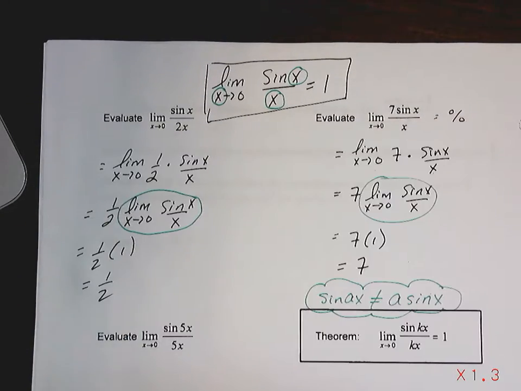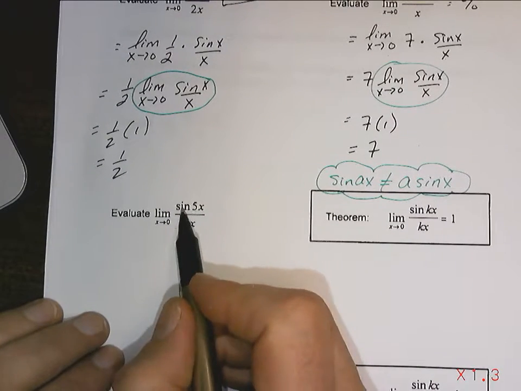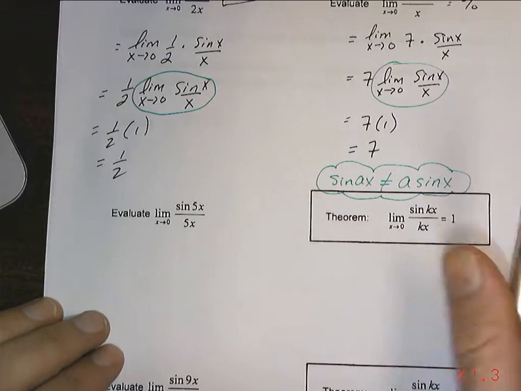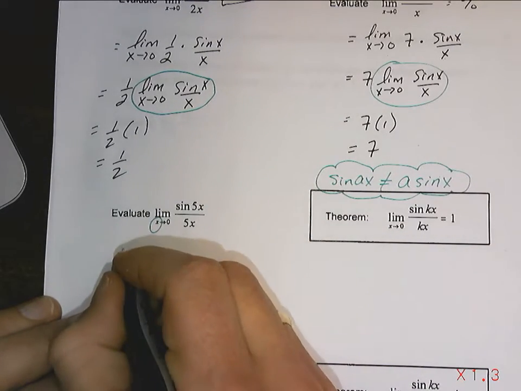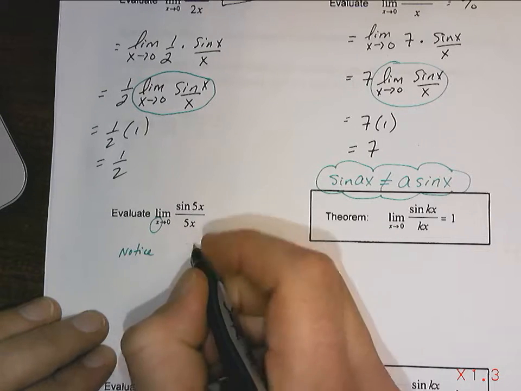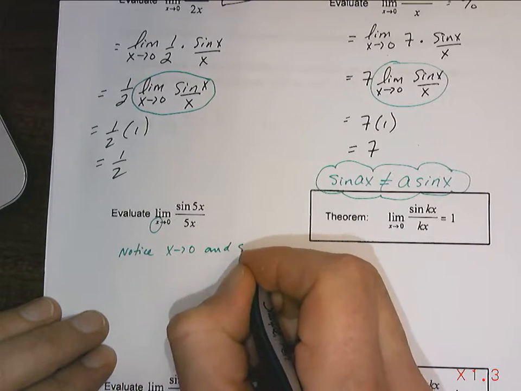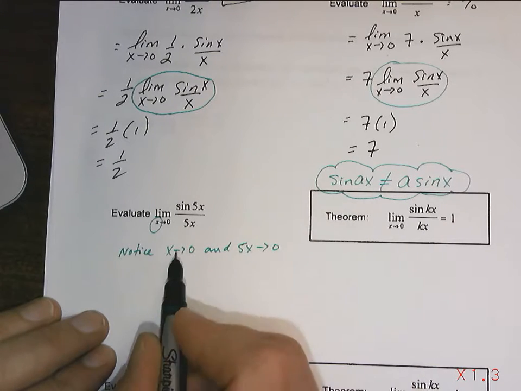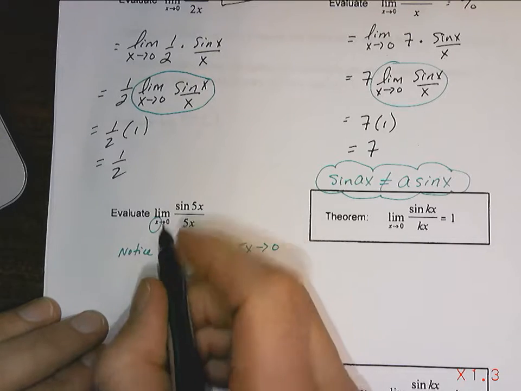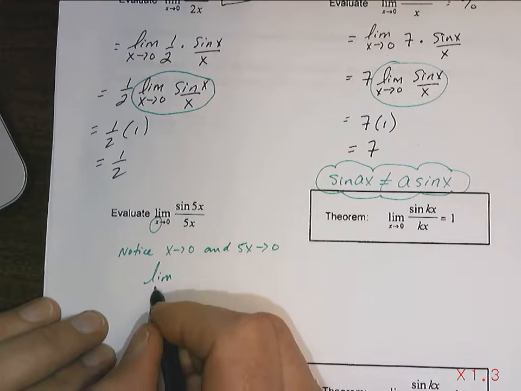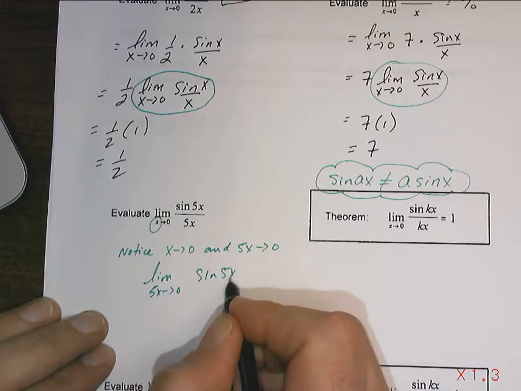So, looking here, I want to make this sine of 5x over 5x, and I really wish that this was a 5x. Well, notice there's no difference in saying x approaching 0 and 5x approaching 0, because as x approaches 0, so does 5x. So in essence, there's no real difference in me saying 5x approaching 0 of sine 5x over 5x.